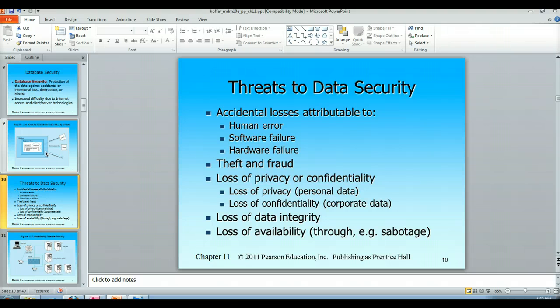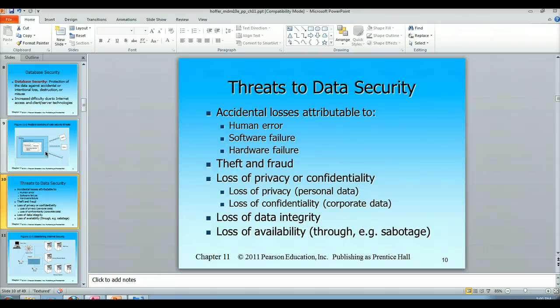So the next level is theft and fraud, which I think speaks for itself. Loss of privacy and confidentiality. Typically, privacy is associated with personal data. Confidentiality is more of corporate data, corporate secrets, things of that nature. Loss of data integrity.